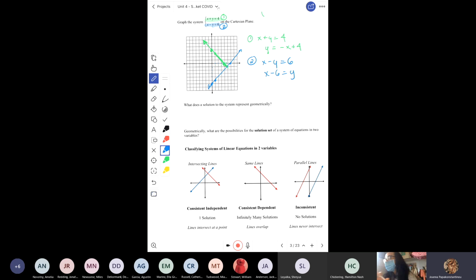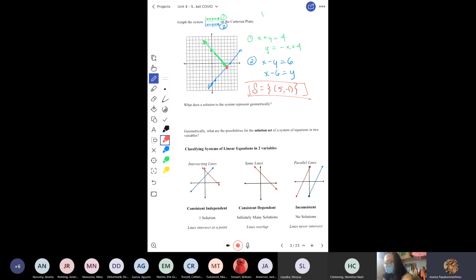Now, depending on how accurately you graph or what the values of each of those coordinate values are in the point of intersection, sometimes you can see it, sometimes you can't. I can look at this, and if I graphed it accurately, I can see that the solution is what point? 5, -1. So graphing will tell you if there is a solution. It may not always be easy to identify the point of intersection.